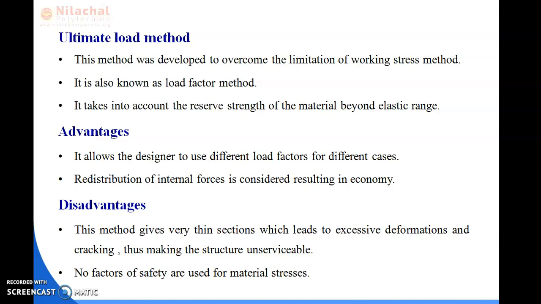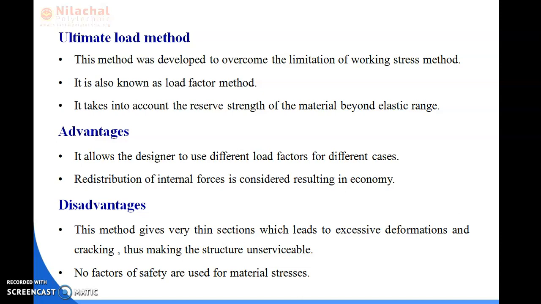But in the ultimate load method, if we consider the strength part, then it is weak in the serviceability part. That means it gives large deformation and cracking, so the structure may be weak in strength. This is a big demerit of the ultimate load method. Here the serviceability is not maintained.